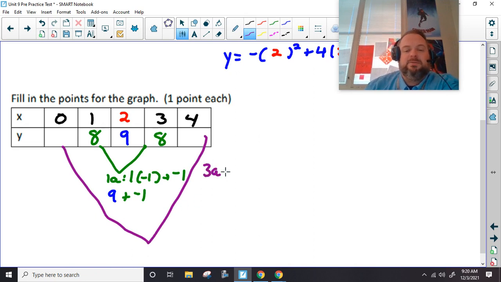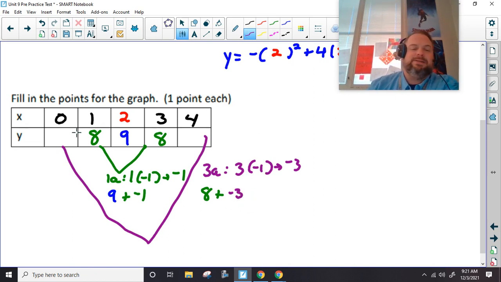These two are 3a, which means 3 times negative 1, which is negative 3. Okay, the suspense was almost too much. All right, so then we have to say 8 plus negative 3, which is the same thing as 8 minus 3, and we get 5.